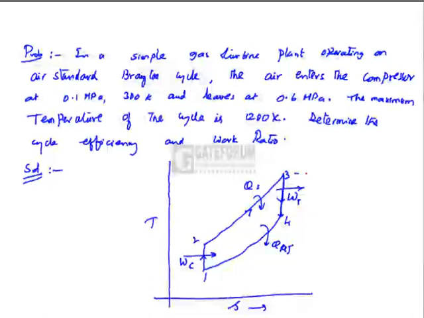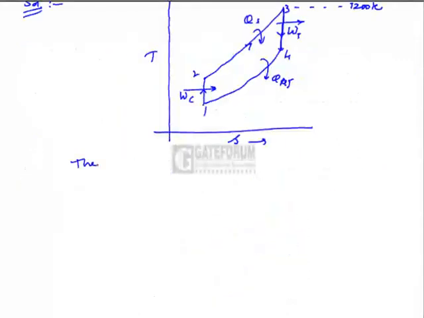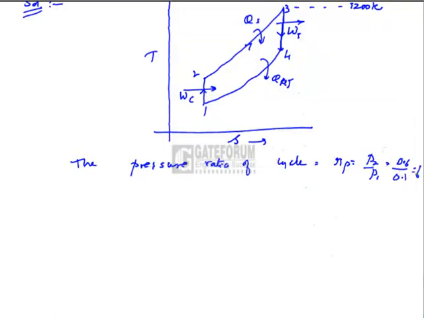This peak temperature is given as 1200 Kelvin. The pressure ratio of cycle is Rp is equal to P2 by P1 is equal to 0.6 divided by 0.1, that is 6.